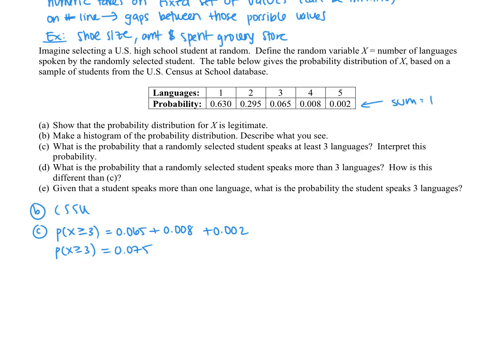When you have to interpret this probability, I do not want the word probability in your interpretation. I do not want the word chance. I do want in the long run, though. So we would say something like, in the long run, if we sampled many U.S. high school students, that's the long run part.